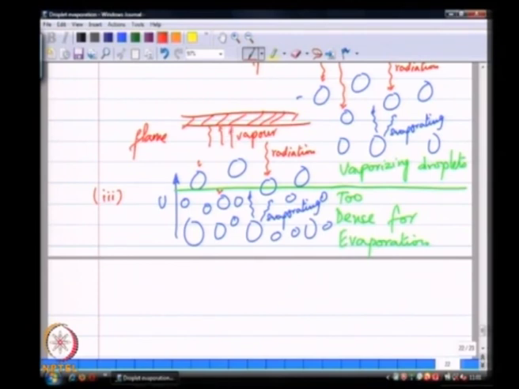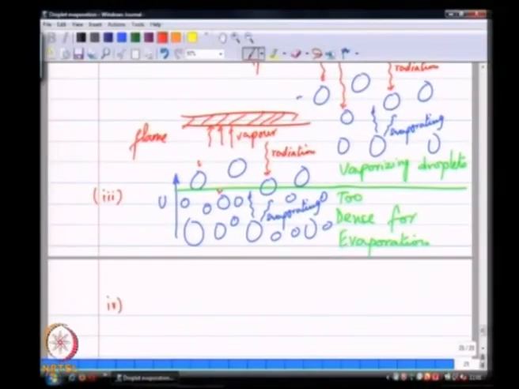So, the flame zone is purely sustained by fuel vapor transported into the flame with no droplets escaping the flame. This is our ideal situation in any kind of a spray combustion application.